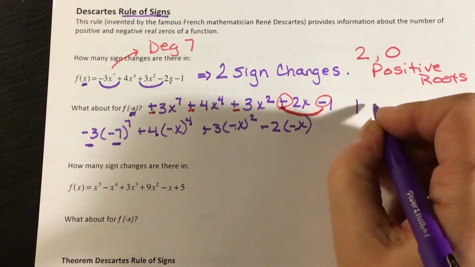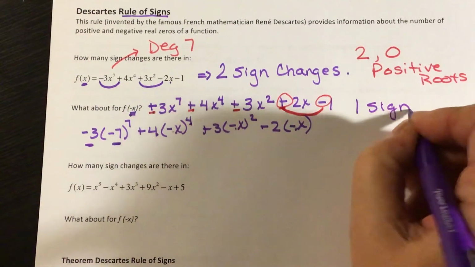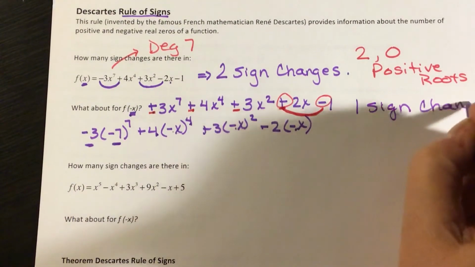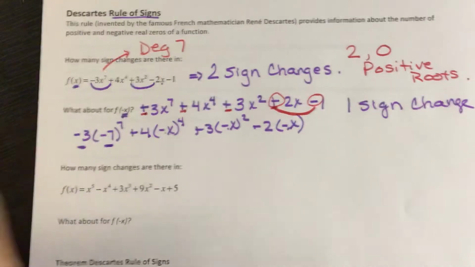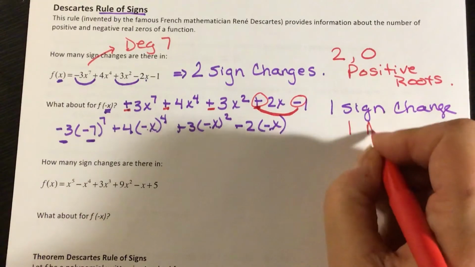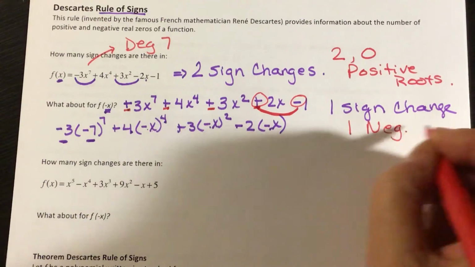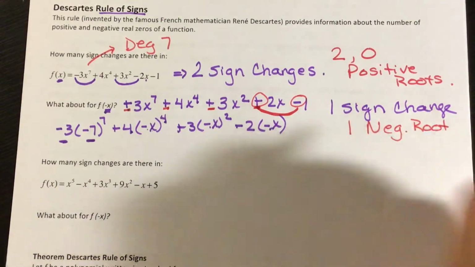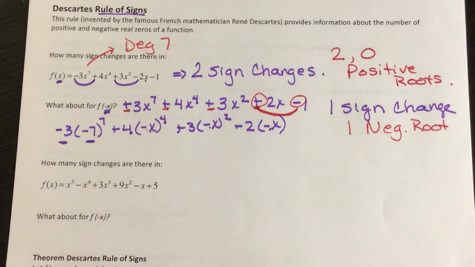So I have one sign change, and that means I'm going to have one negative root. And that means these roots are going to be real numbers.